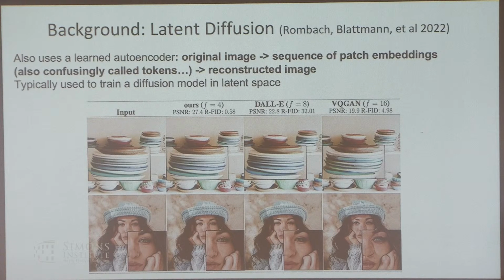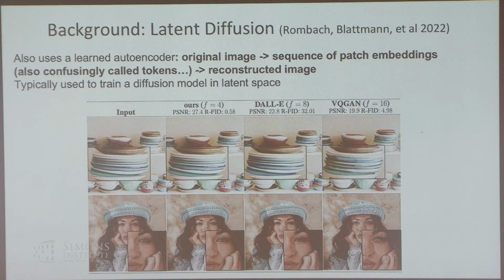And confusingly, if you're a vision person, you often call those tokens. If you're ever talking to a vision person, they say, oh, this is my tokenizer. It's usually not discrete; it's usually continuous vectors. I've had tons of confusions about this. But anyways, you go to continuous vectors, and then you can reconstruct to the original image. There's been lots of work on various different ways of doing this that do better and better reconstructions. But you have that latent space you can work in, and then you typically train your diffusion model in that latent space.